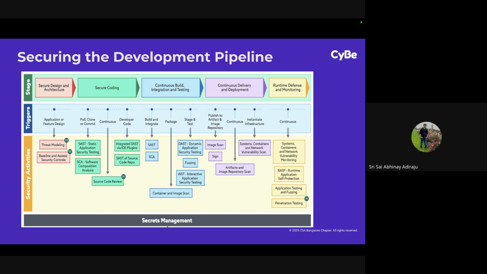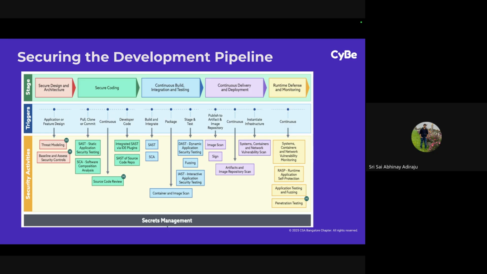It will basically get the UI and fire some exploits on the UI from the browser. It will try to hit some APIs by pushing some malicious payloads to see if your application is compromised, if it can return something which is unexpected, right? Those kinds of things happen in a DAST scan.